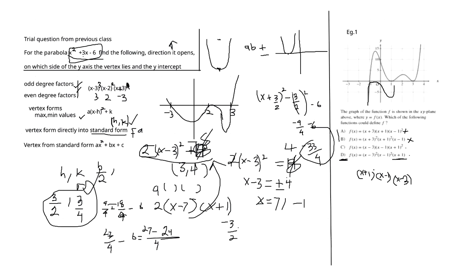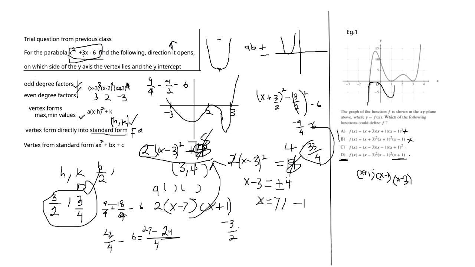So minus 3 over 2 here would give 9 over 4. So we have 9 over 4. And putting it into plus 3x would be what? Minus 9 over 2. Then we have minus 6 here. So now let's simplify.